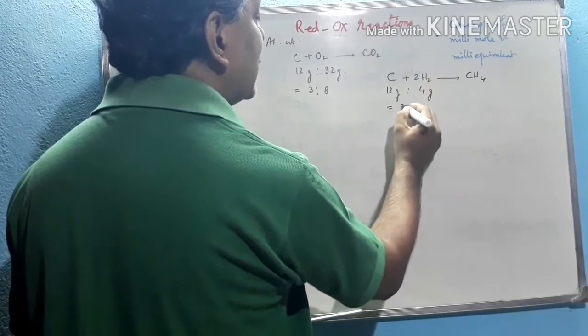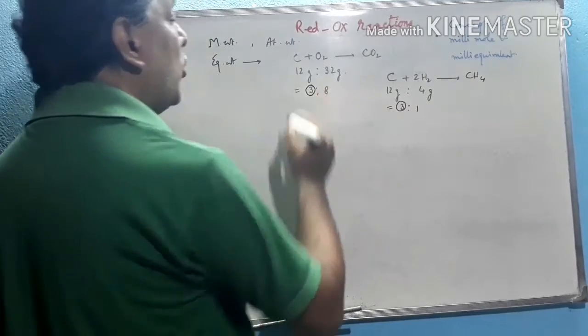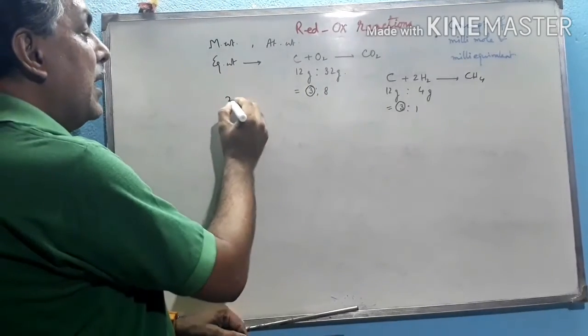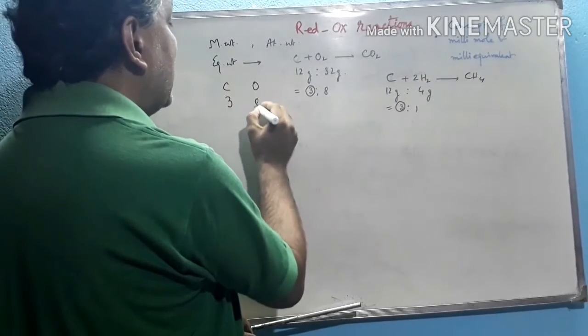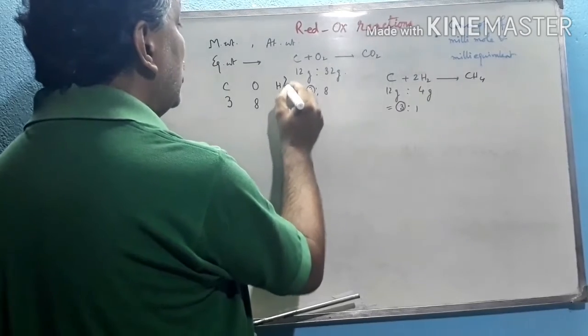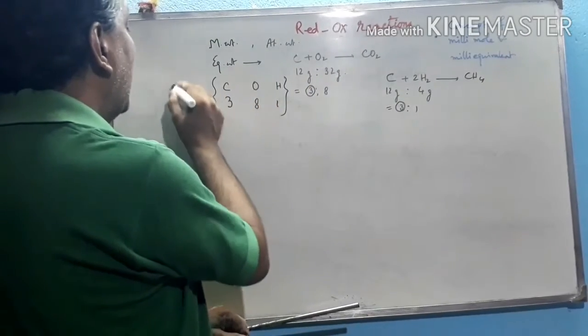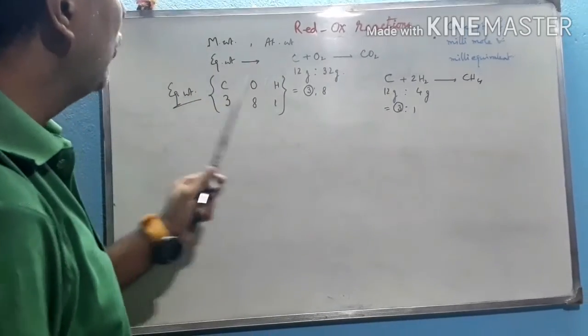So the ratio is 3 to 1. So the minimum amount of carbon that comes into the reaction is 3, of oxygen is 8, and of hydrogen is 1. These are called the equivalent weights of the respective elements, C, O and H.